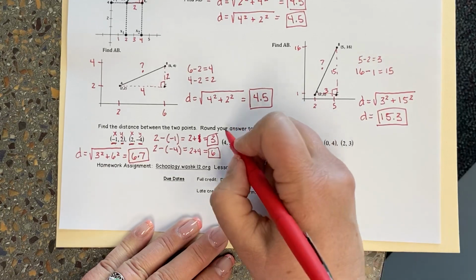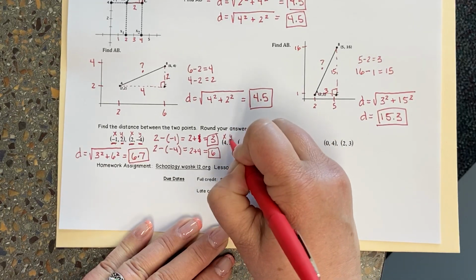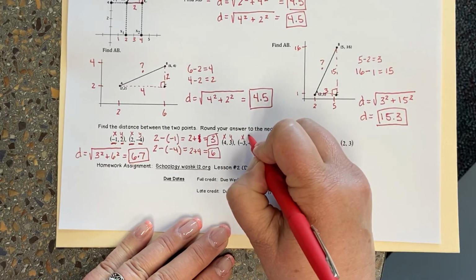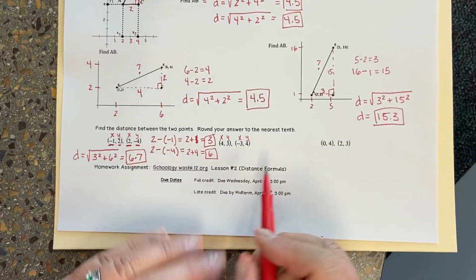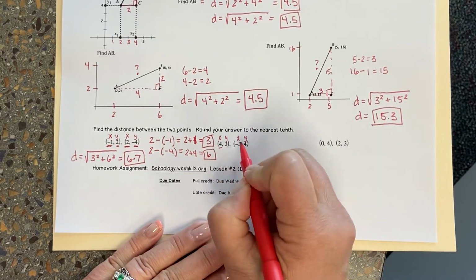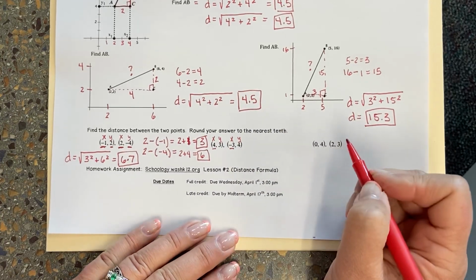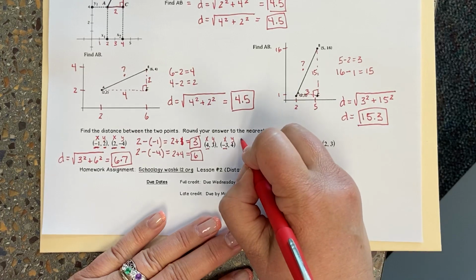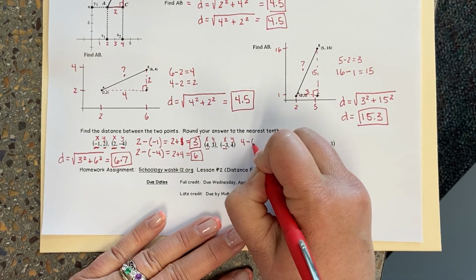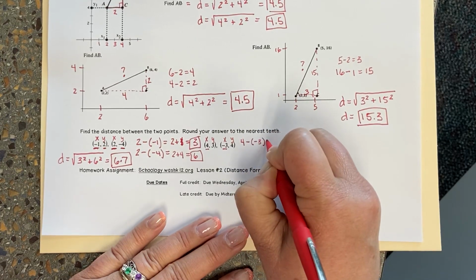All right, so let's look at this one. We have our x and our y, our x and our y. We're going to do our x leg first, or our horizontal leg. We've got a 4 and a -3. You're going to take the big number minus the smaller number. So 4 minus a -3.